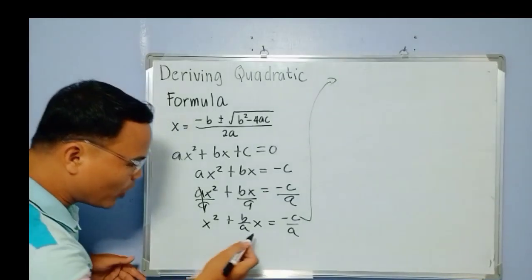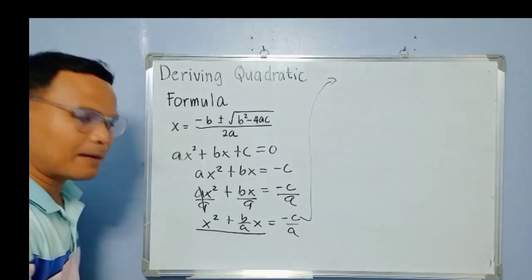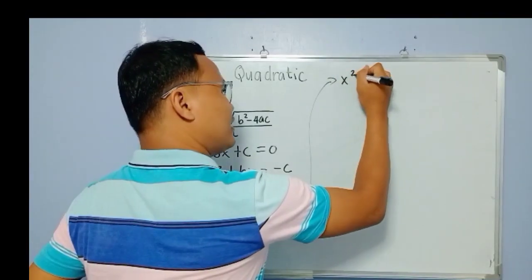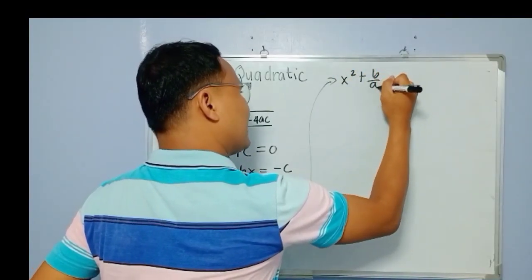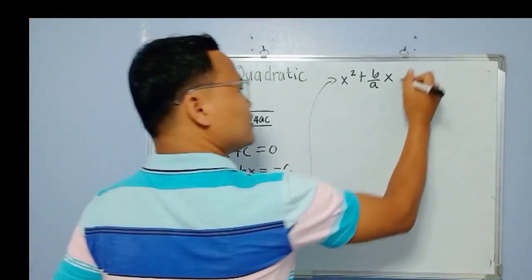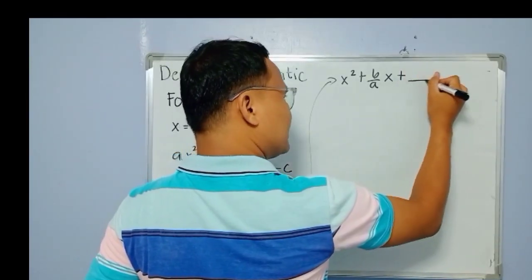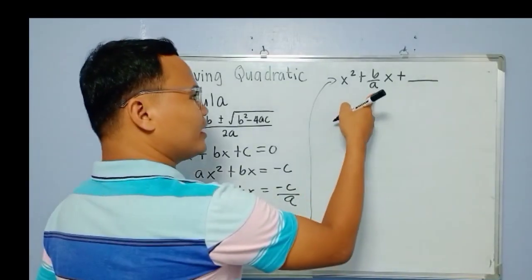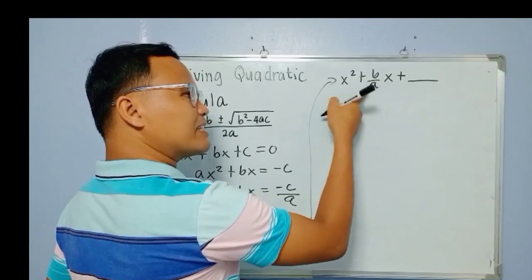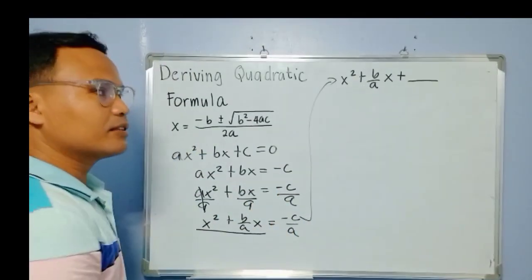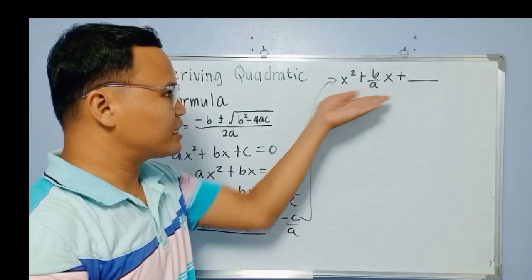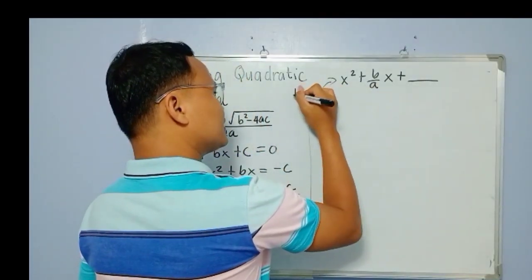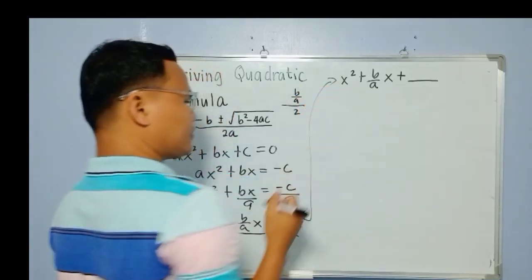Okay. And we are going to make this one a perfect square trinomial. So we have x squared plus b over a x plus, what is the term that we are going to add? The process is we divide the coefficient of the linear term by 2. Here the coefficient of our linear term is b over a, so we divide b over a by 2.